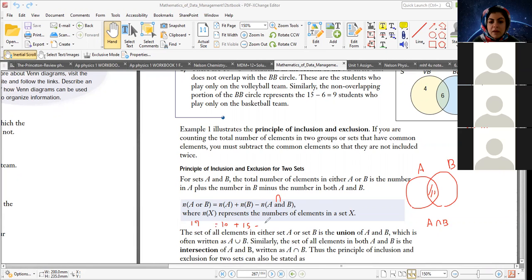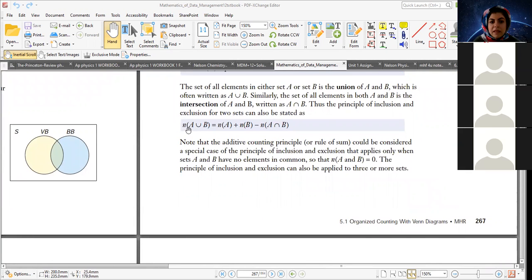We wanted to find what is in common between A and B. 25 minus 19 is 6, and that goes in the middle. So n of A or B is equal to n of A plus n of B minus n of A and B in common.